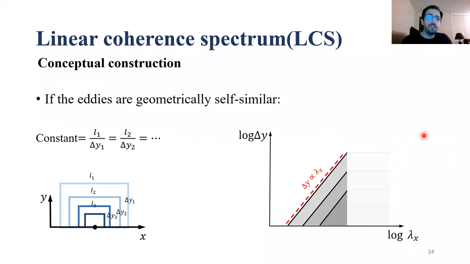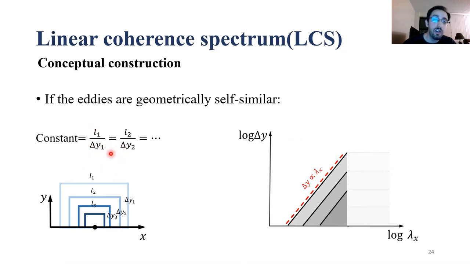So another piece of information that we can derive from the linear coherence spectrogram is the self-similarity of eddy structures. We can see that the aspect ratio of the eddies, which is given by the ratio of the length of the eddy to the height of the eddy.